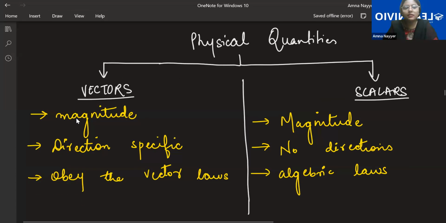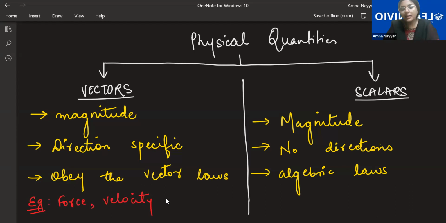Then come the examples. You can take various examples which we have studied in the previous chapter. This is a part of motion in a plane, chapter 3. Vectors are a part of that. Motion in a straight line is over. We studied force, velocity, acceleration, and displacement.